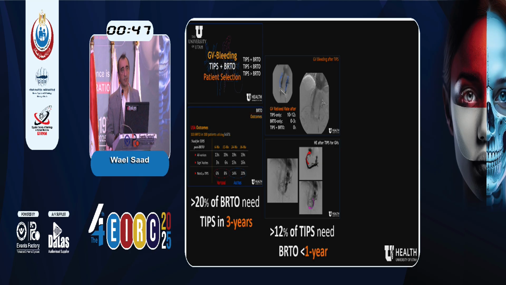It's not emergent. The majority of BRTO after TIPS as an indication is bleeding, which is emergent. So when you factor in emergent versus elective, when you factor in incidences, it is clearly swaying you towards BRTOing first, or at least definitely sclerosing along with the TIPS and not just TIPSing the patient alone.